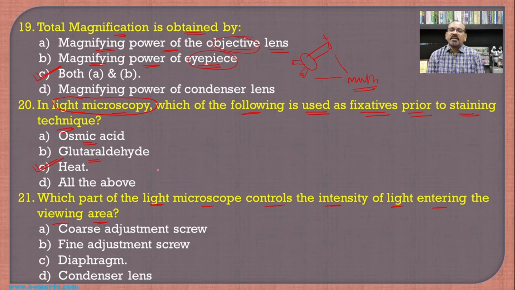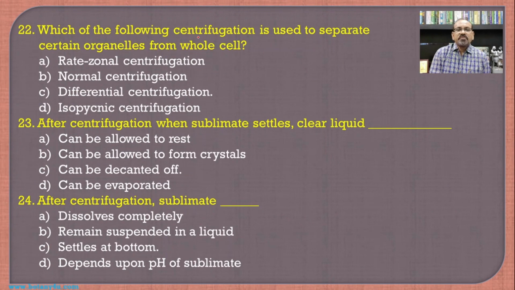If we see the complete construction of the simple compound microscope or the light microscope, you will find that the diaphragm is there in between the condenser and the mirror, and this diaphragm has the adjustment which is responsible to control the penetration of the light into the condenser, and hence the diaphragm is the correct answer for this question.